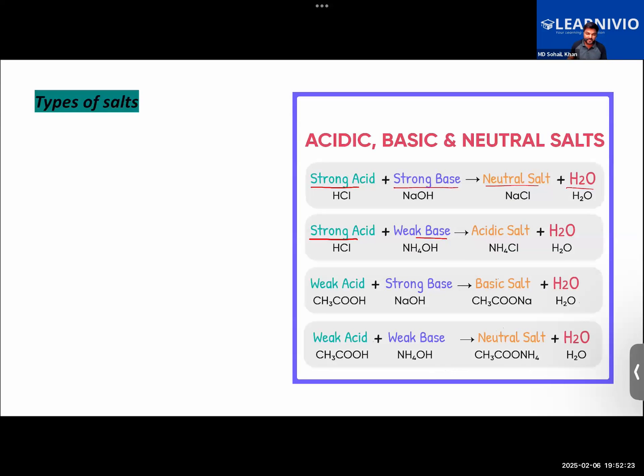Okay, then further we have different types of salt. Based on the mineral composition of salt, there are so many types of salts. You have black salt, white salt, brown salt, etc. Black salt is a type of salt which has a lower amount of sodium in it.